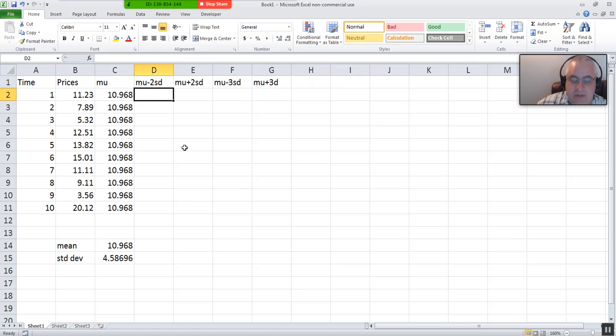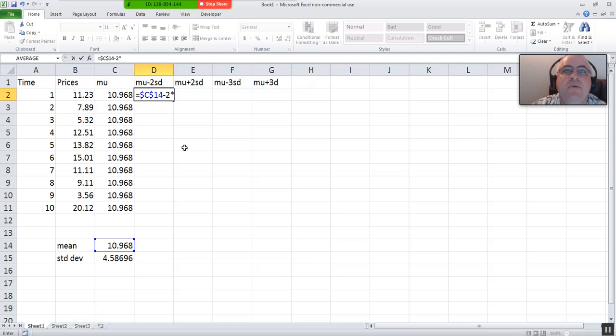Now mu minus 2 standard deviations. So I'm going to do an equals, and I'm going to do $. Mu is C14. So $C, $14, minus 2 times, and then standard deviation, which is located in C15. Again, notice the use of the dollar signs for the absolute referencing.